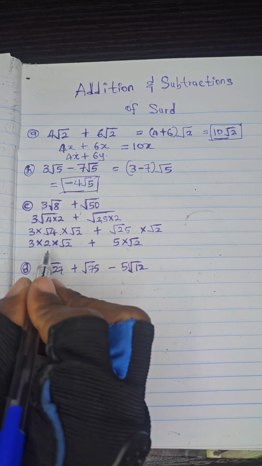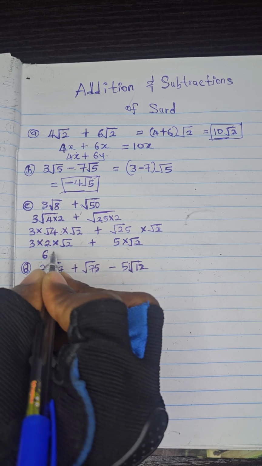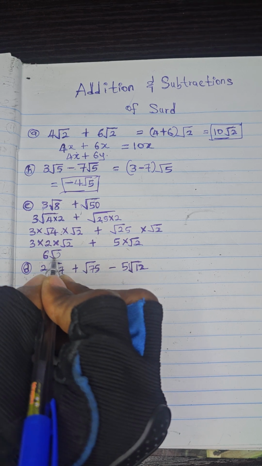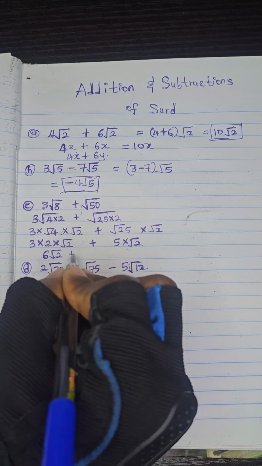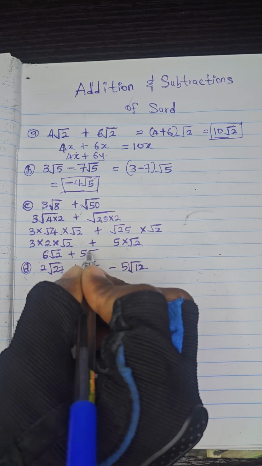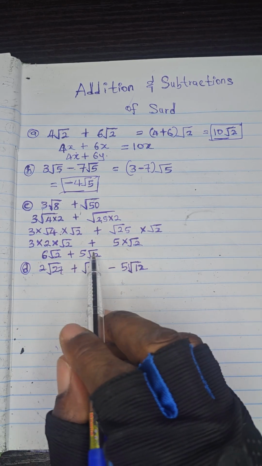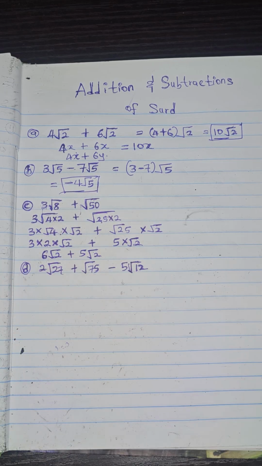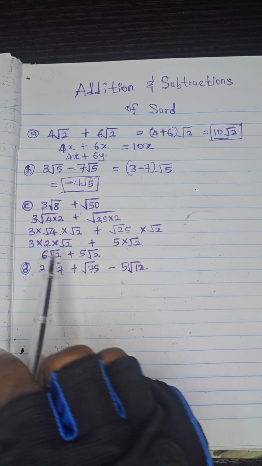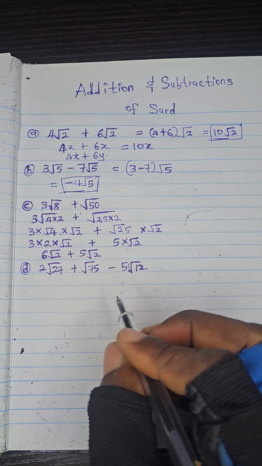So 3 times 2 is 6, so this is 6 root 2 plus 5 root 2. Now this is a fully simplified version of this, and both of them have root 2, meaning that we can now solve for this.